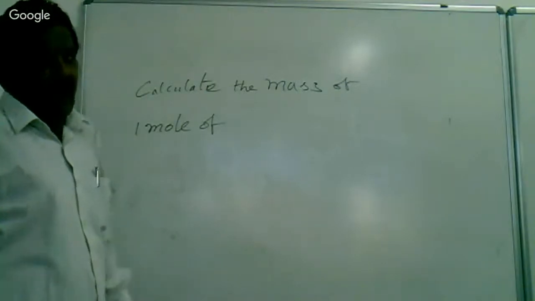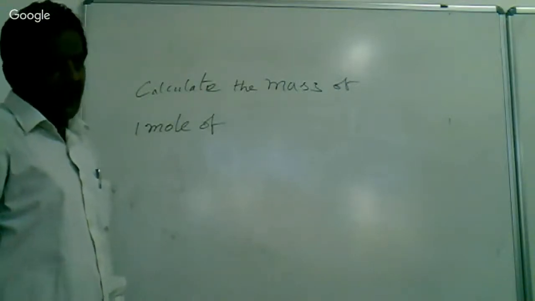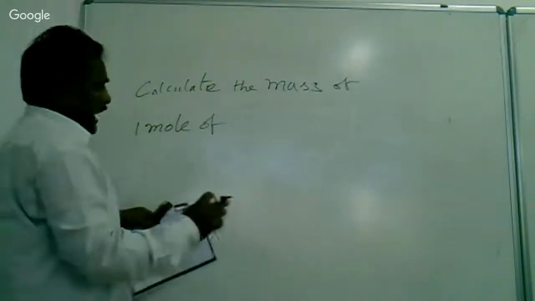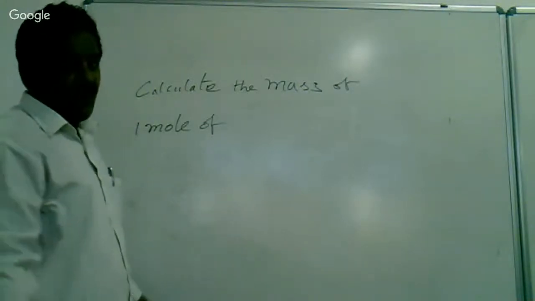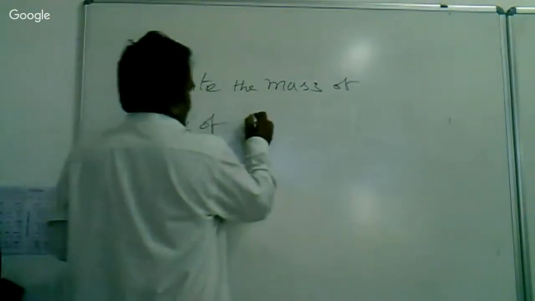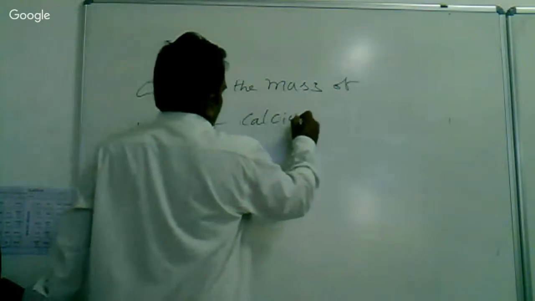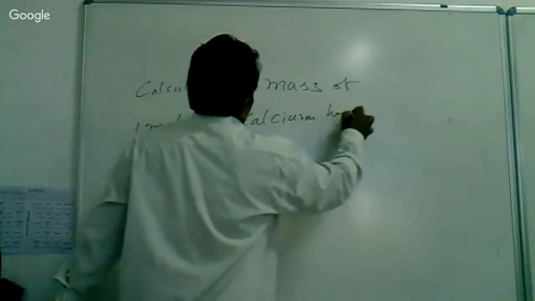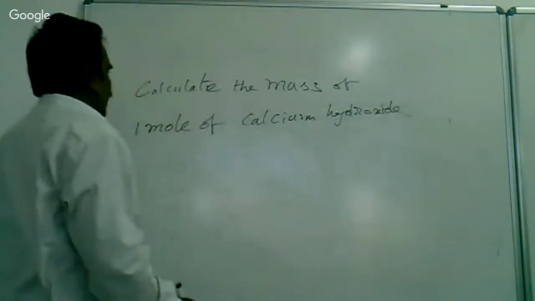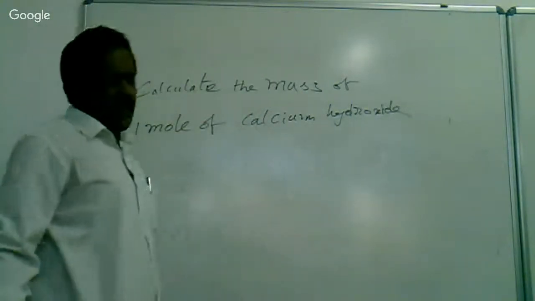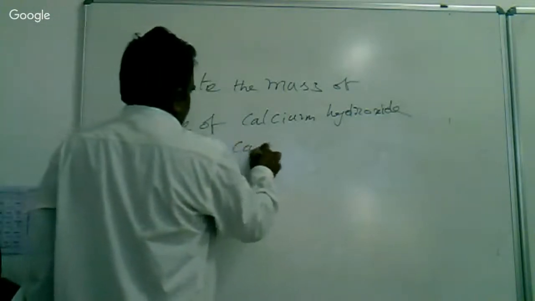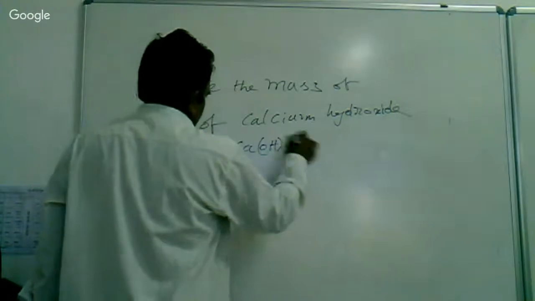I already taught you how to write the formula of various compounds. So hereafter I won't give you the formula, I will just give you the name. You need to write the formula on your own and then calculate the molecular mass. So unless you know the calcium hydroxide formula, you cannot calculate. So anyway, I am giving you Ca(OH)2 is calcium hydroxide.